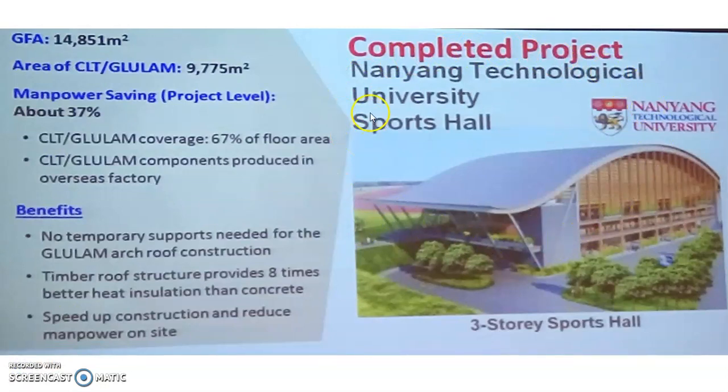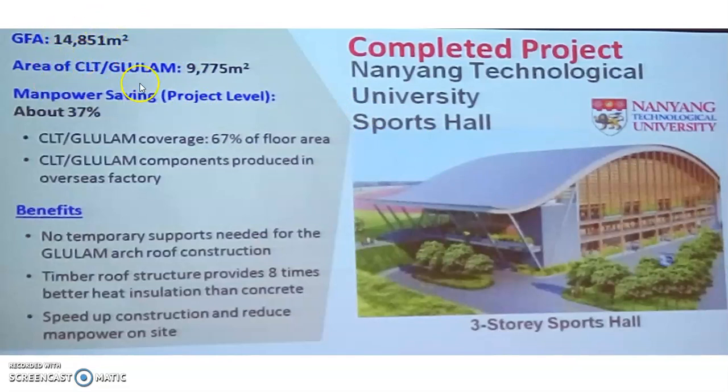Okay, this one is at the Nanyang Technological University. They have constructed a sports hall, and they use the mass engineered timber to construct the roof as well as some other structural elements of the sports hall. So the GFA in this case is much bigger, 14,851 square meters.